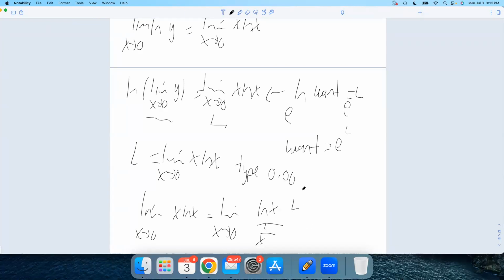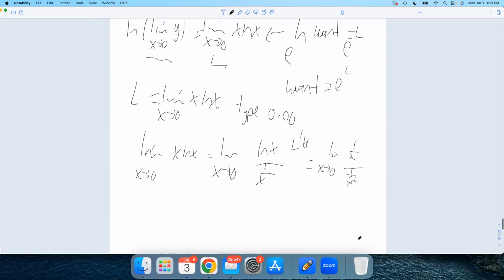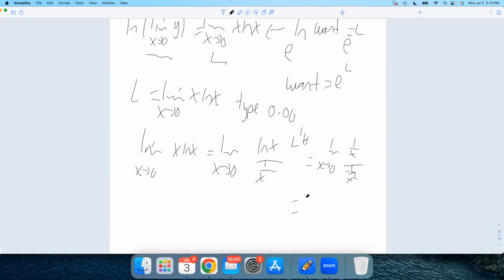And then use L'Hopital. This would be limit as x approaches 0, 1 over x over negative 1 over x squared. And then we did all our cleanup there. That's limit as x approaches 0 of negative x, because one of the x's canceled, and that's just 0.